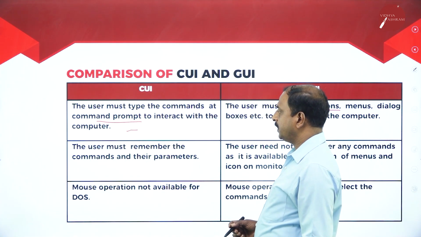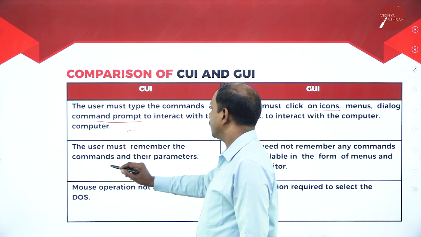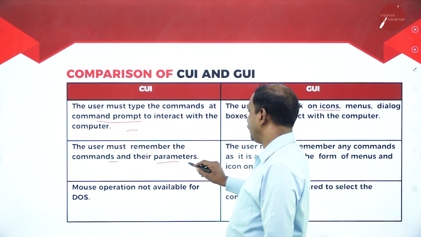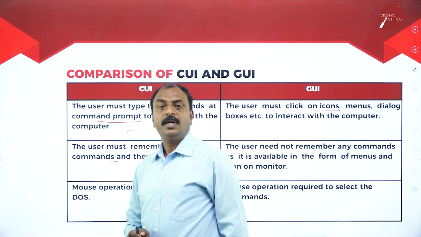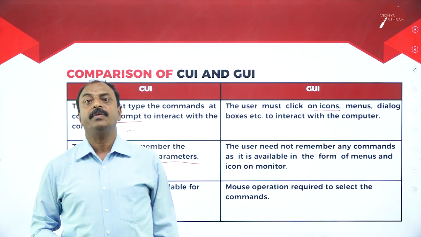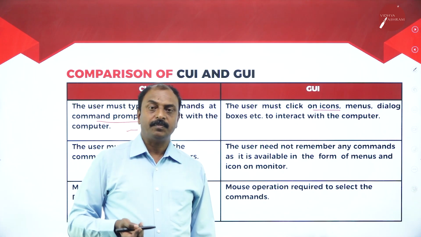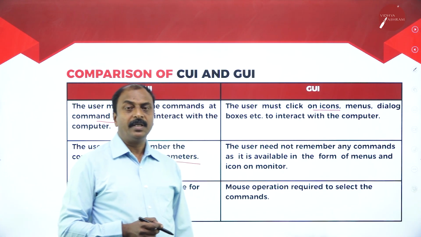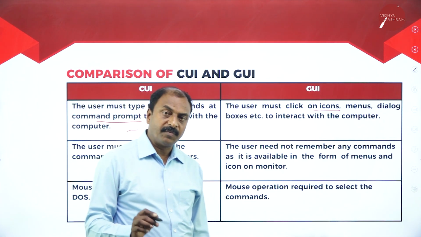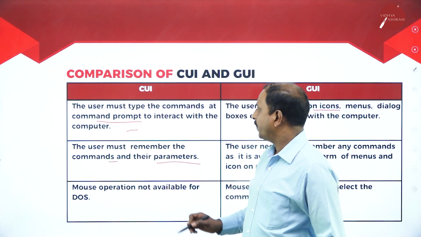The second point is that in CUI the user must remember the commands and their parameters. That is true. If you want to instruct a computer or write a program, the user must know the syntax of a particular language and its different parameters.